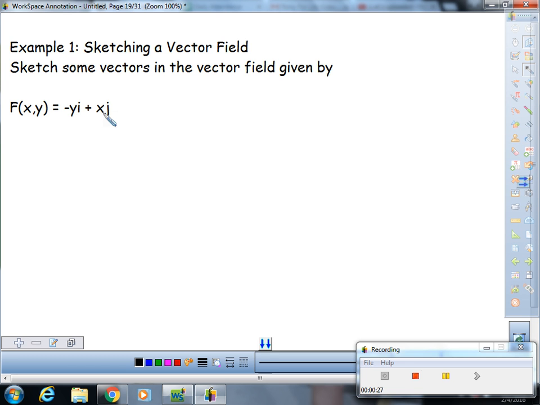Okay, so what it wants us to do is when we're plotting these vectors, it wants us to plot vectors of equal magnitude.